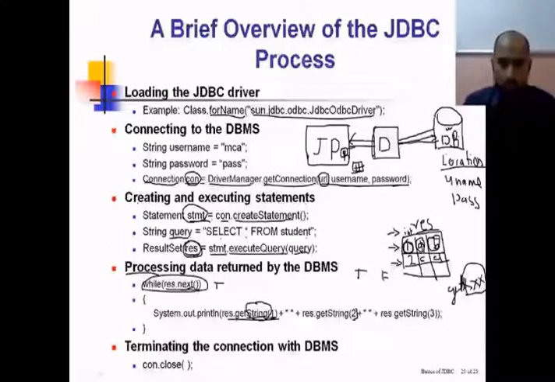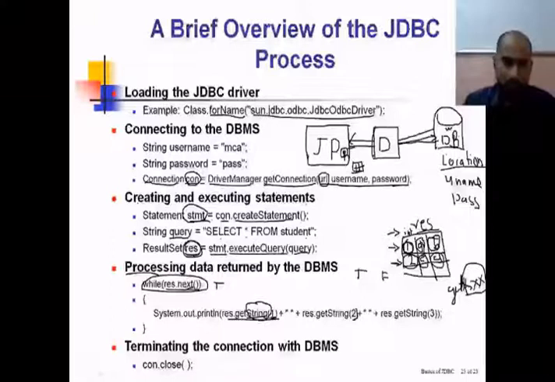Again we execute the same statement, res.getString(1). This time our virtual cursor is pointing to the second row, and it will read the data present in the second row, first column, second column, and third column. So like this we have read the data present in the second row as well.